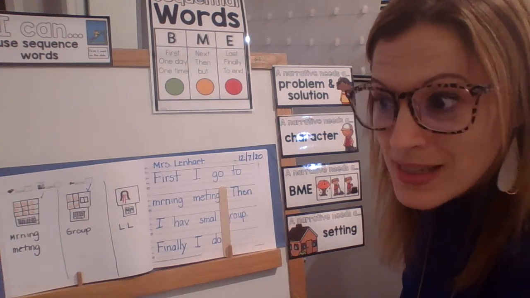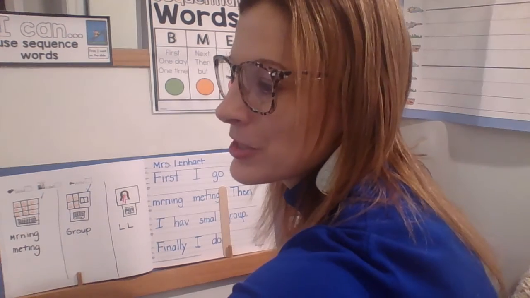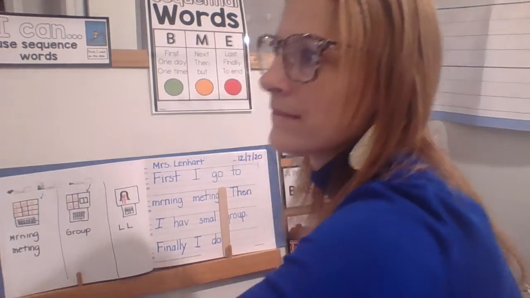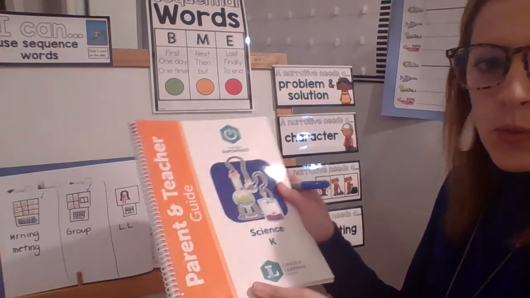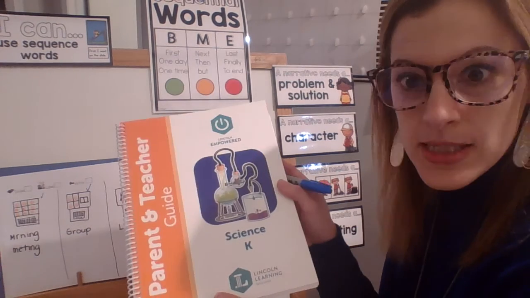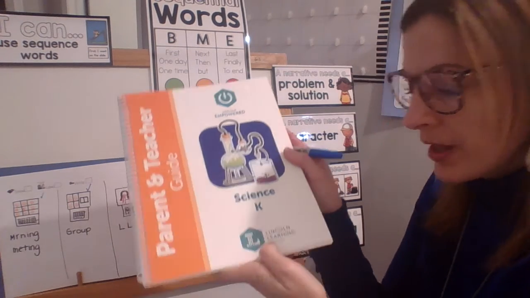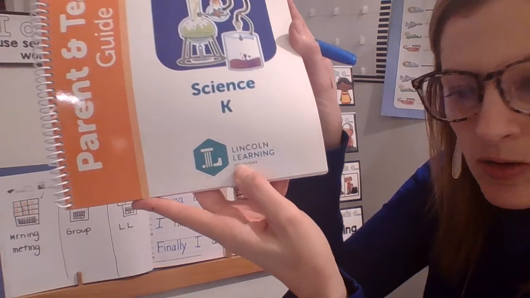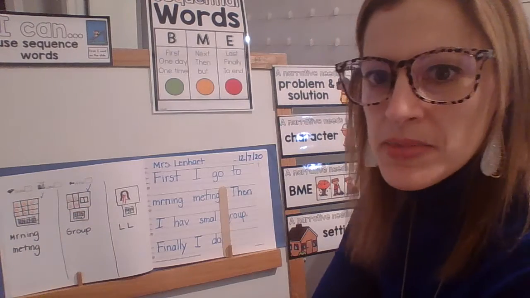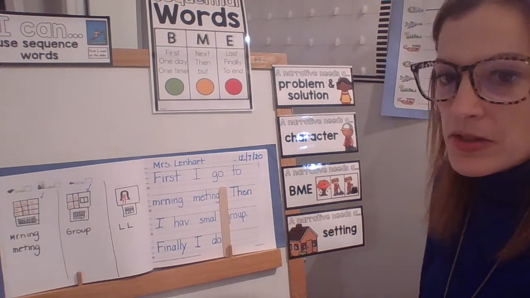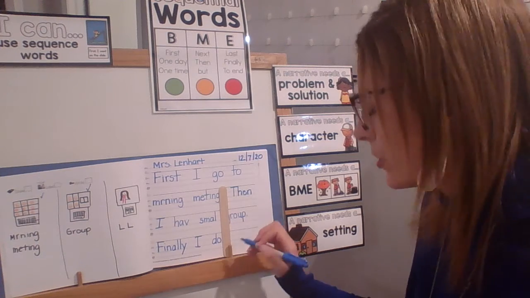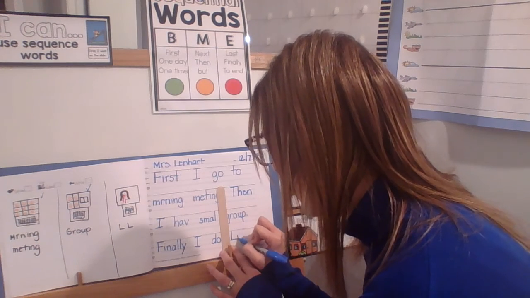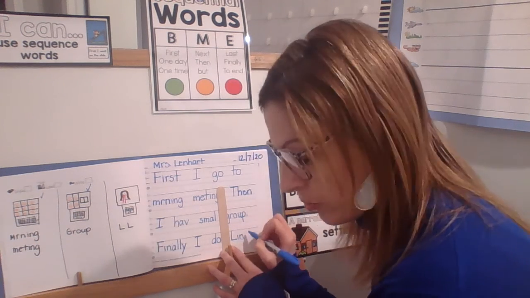You might be able to find really close by a workbook. Actually, this is a teacher book, but you could find a workbook and look right there. It tells us how to spell Lincoln Learning, okay? So sometimes, friends, you might have things around you that can help you with words you don't know, and that is totally okay to do to help you.